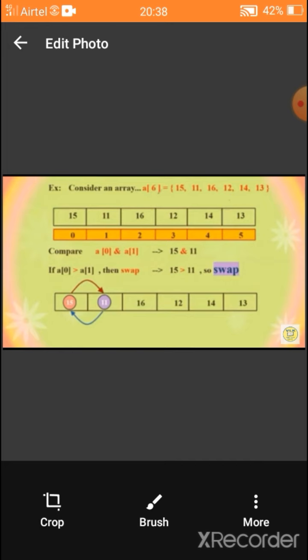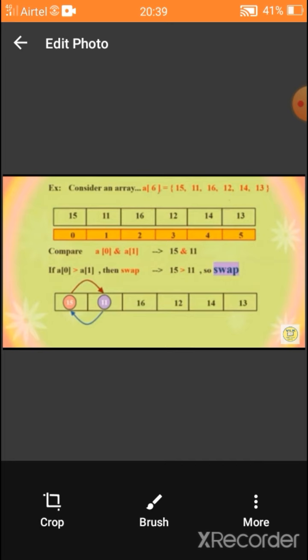So now we are going to sort the values. How does bubble sort sort the numbers? Just recall the definition. It checks the adjacent element. What is an adjacent element? The nearest number. The first number is 15. What is adjacent to 15? 11. The nearest to 15 is 11. So now it is going to check 15 with 11.